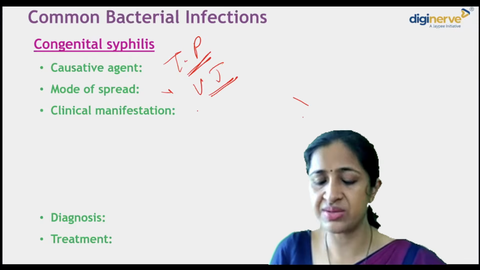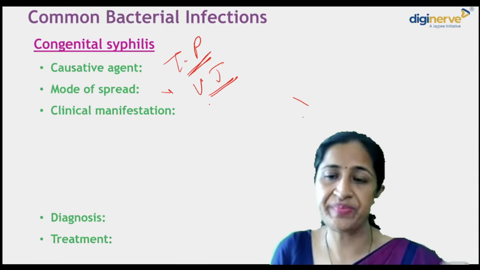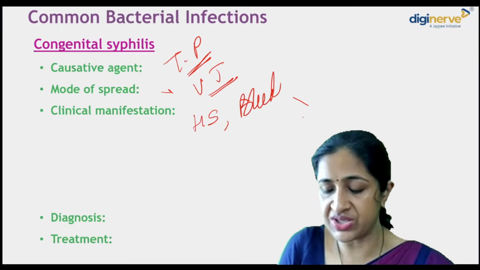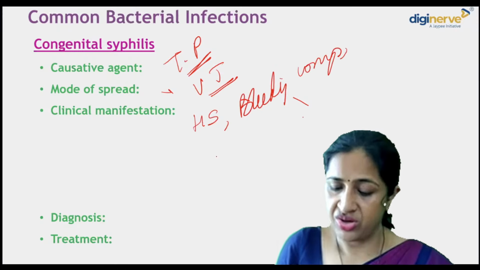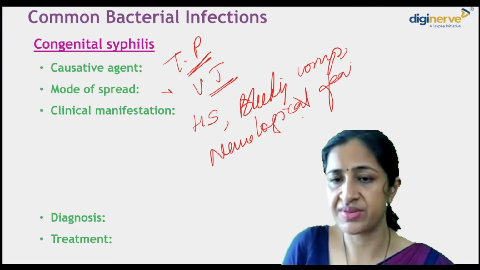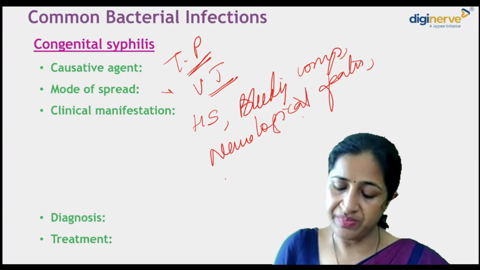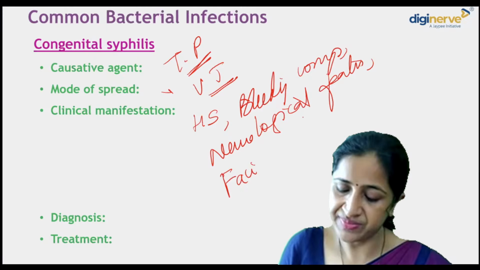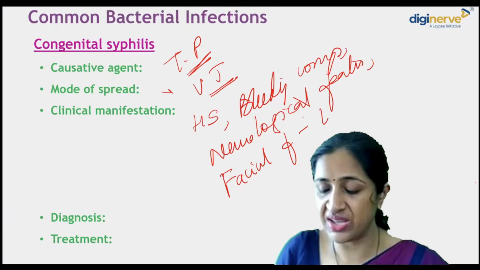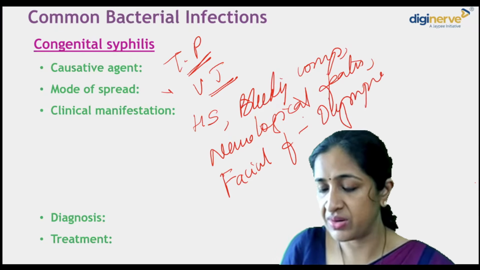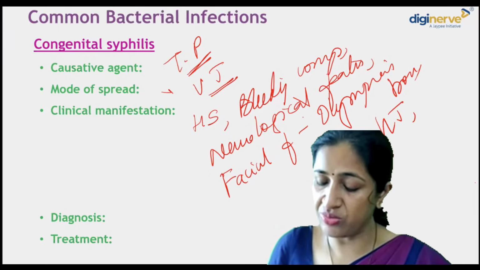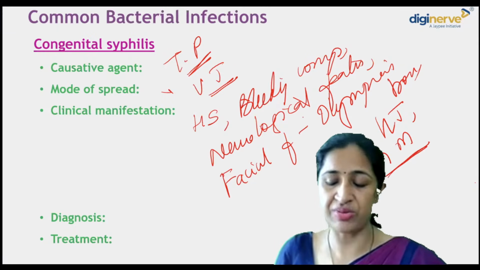Clinical manifestations can cause intrauterine death also, and can also present with systemic features like hepatosplenomegaly, bleeding complications, neurological features, and facial features like the Olympian brow, the Hutchinson's teeth, mulberry molars, all these are common features, okay?